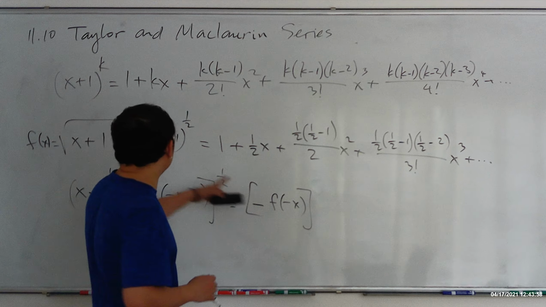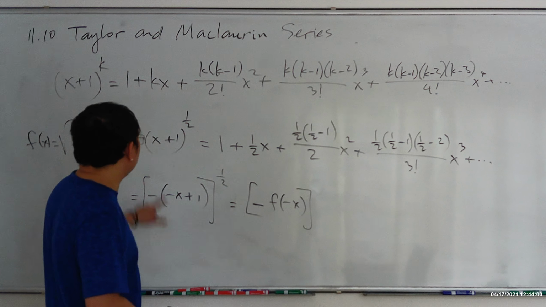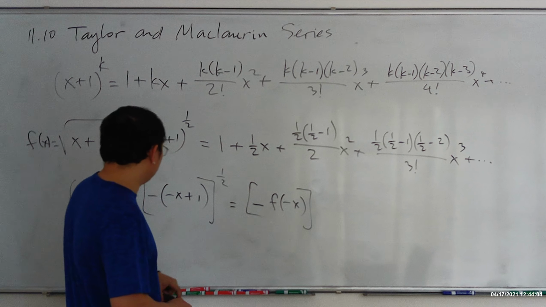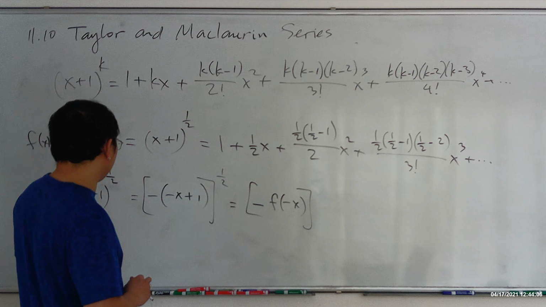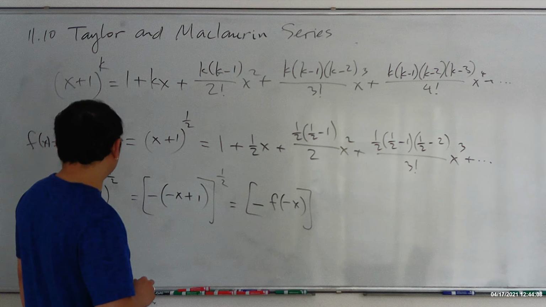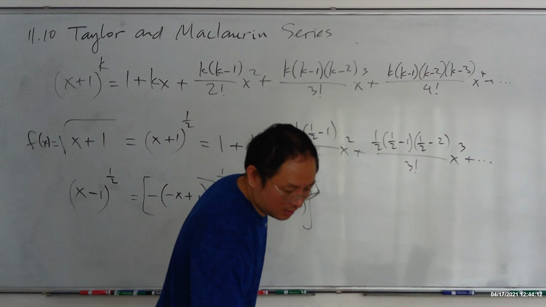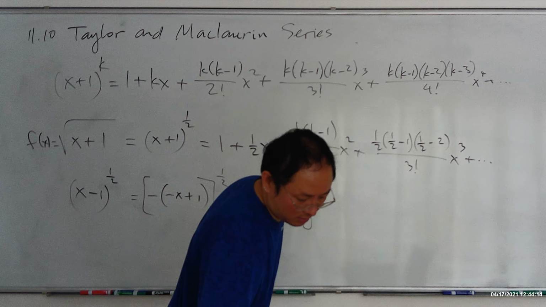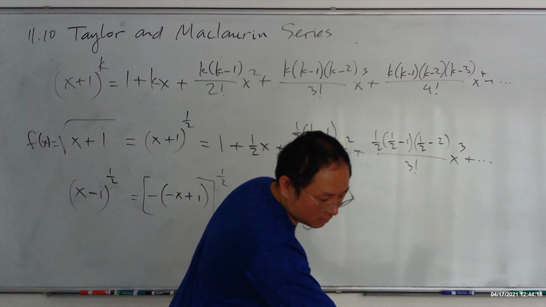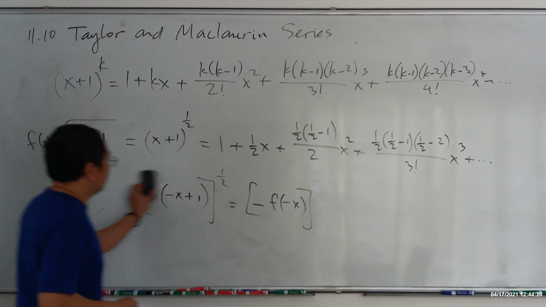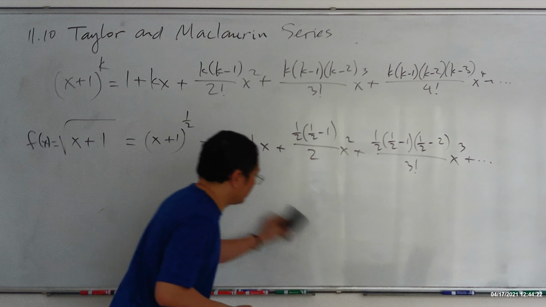And then f of negative f of negative x right here, you would have negative x, negative x, negative x, right? And then let's see, I think I make some mistake in here. Let me try to fix it. X minus 1 to the 1/2. Can I fix that? No, that should be right. Let me fix that. Okay, this problem.